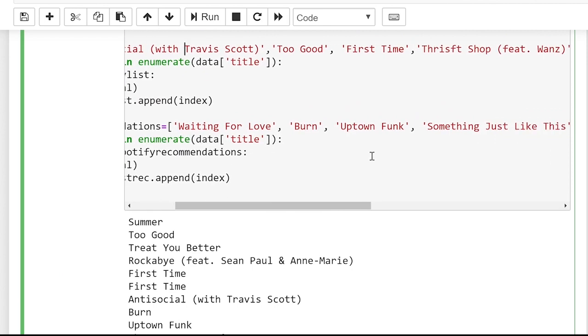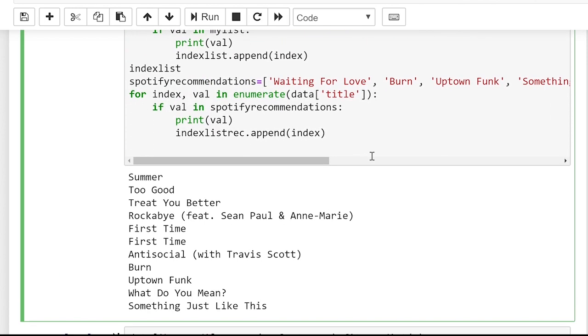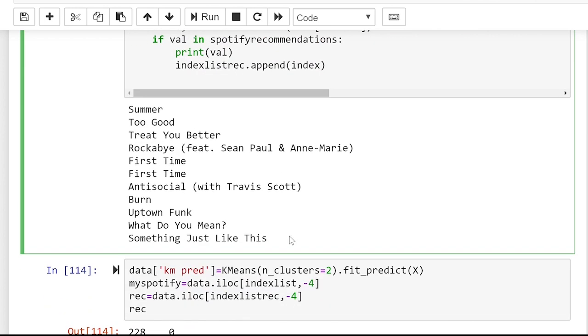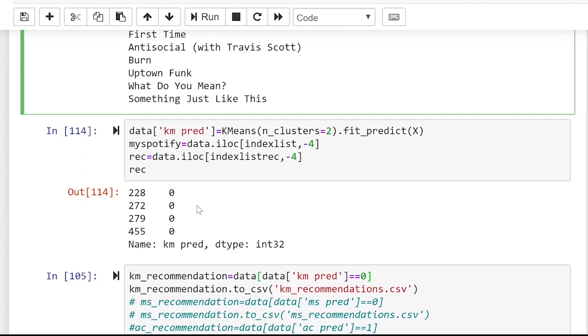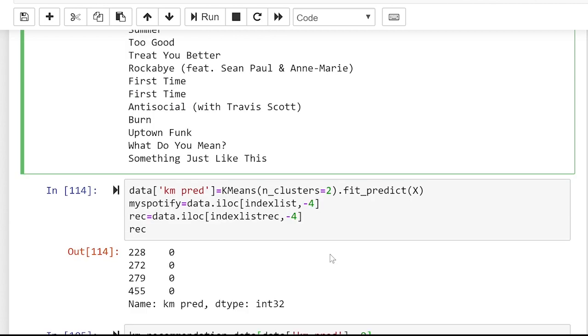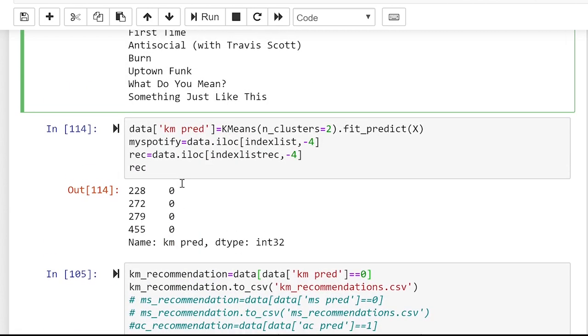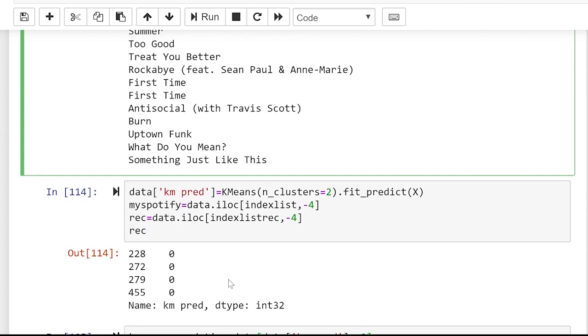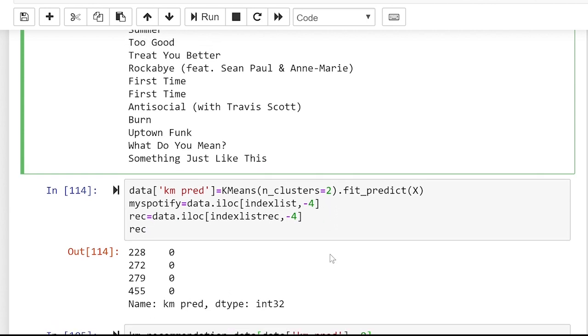Not every song, for example Waiting for Love or Jimmy Lovin, was even in my data set, so I cannot group them because I don't have the information on these songs. I know a very complex algorithm is running behind the recommendation system. The recommendations Spotify is choosing for me come from this list. So even with a simple clustering algorithm, we can get so close to Spotify's recommendation algorithm.